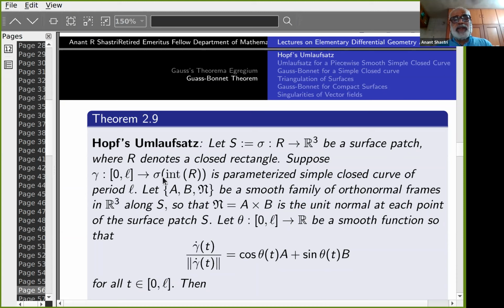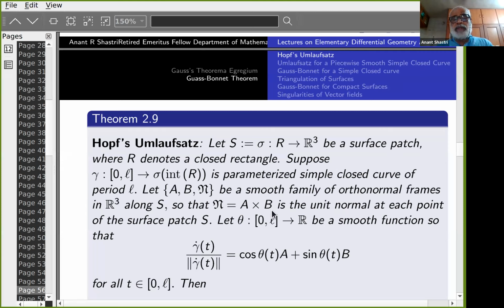This part is the same thing as in the lemma, but only in the lemma this S was any surface. So here I am taking a parameterized surface, namely a surface patch. Let A, B, N be a smooth family of orthonormal frames along S. This is always a convention.